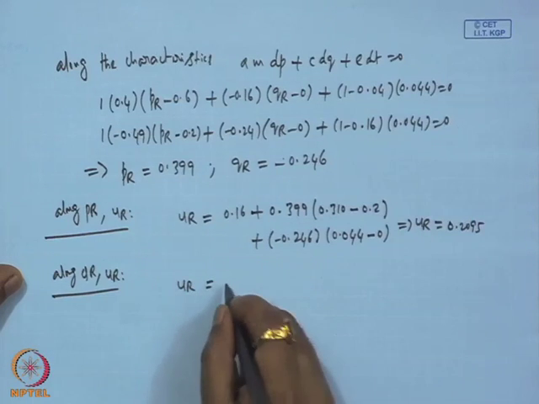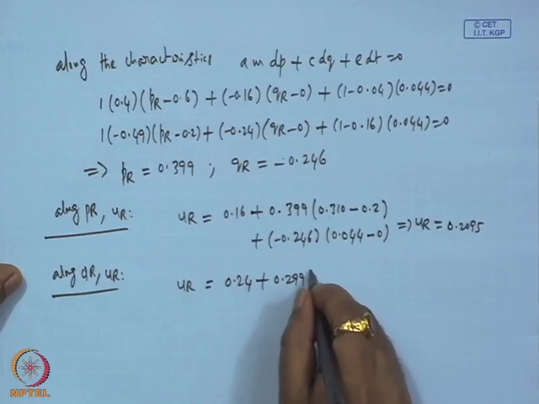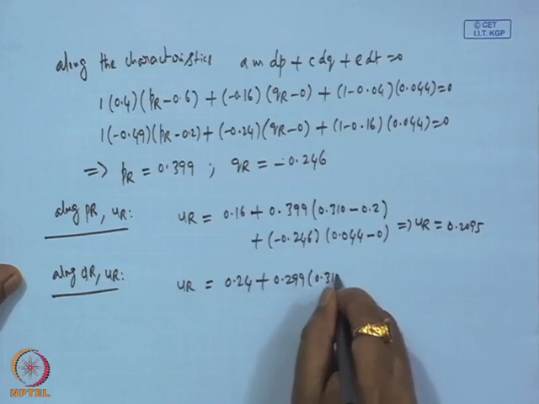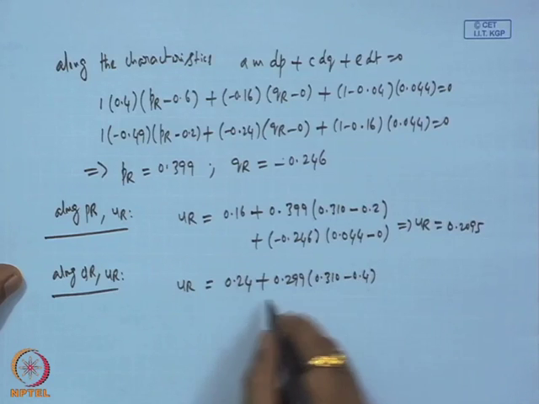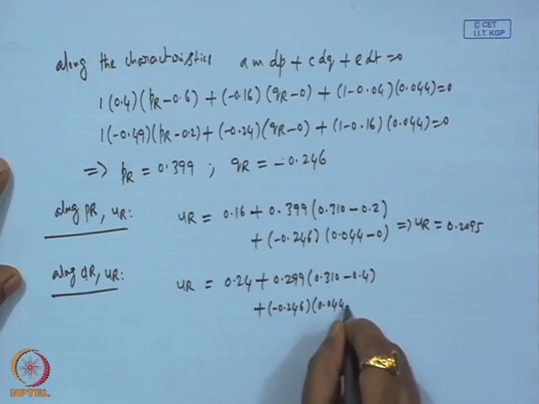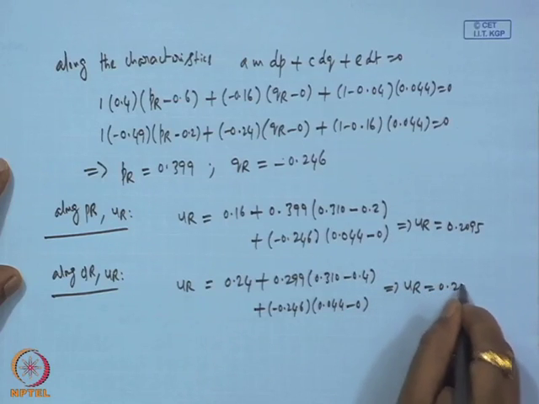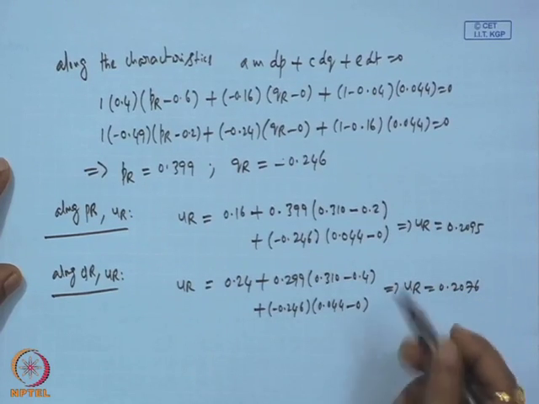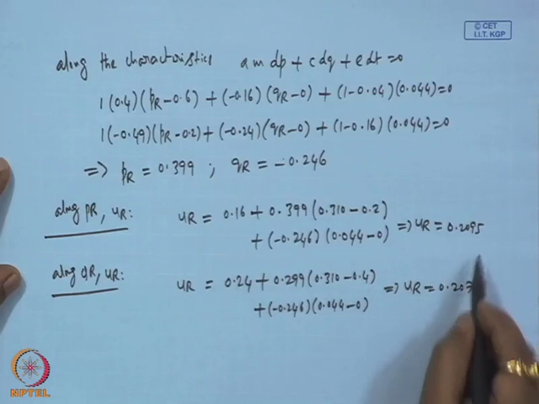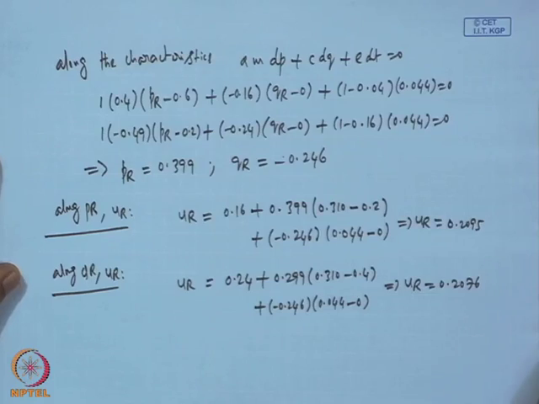So, along q r, so they are close because u r must be the same. Okay. So, they differ by a small error. Okay. So, this is the method of characteristics for the second order PDE.